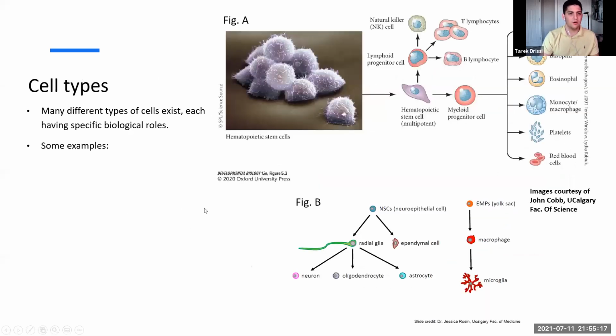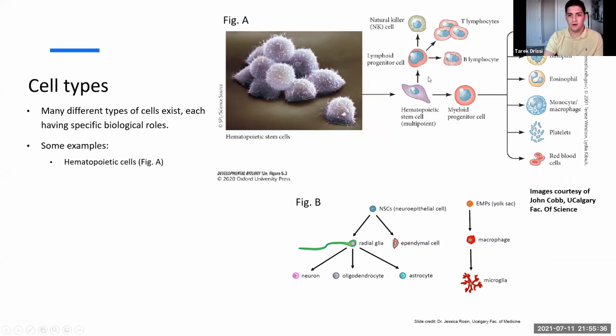Okay, so cells are not just one type. There are many, many different types of cells, each having specific roles. Some examples include hematopoietic cells. These cells are essentially blood cells.